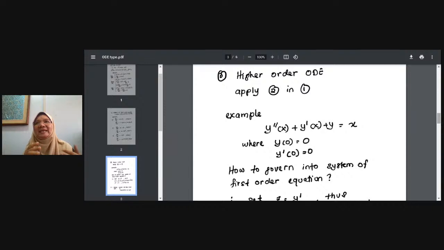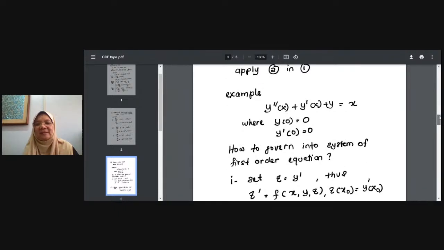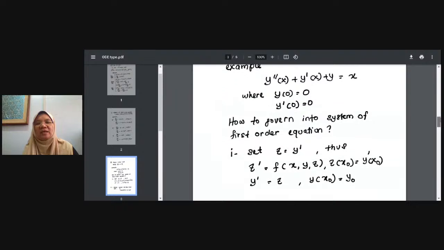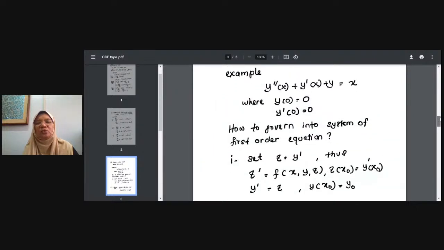We want to integrate the first order ODE, and number 2 is a system of ODE. We write this into two equations of ODE, or sometimes we call it a system of first order ODE. It depends on your understanding.